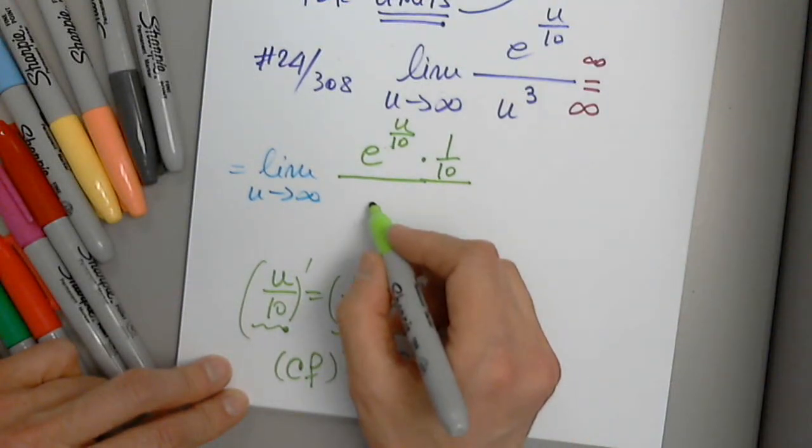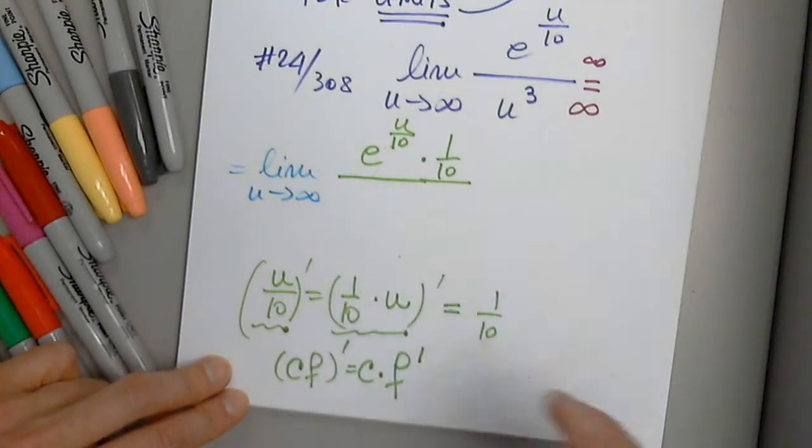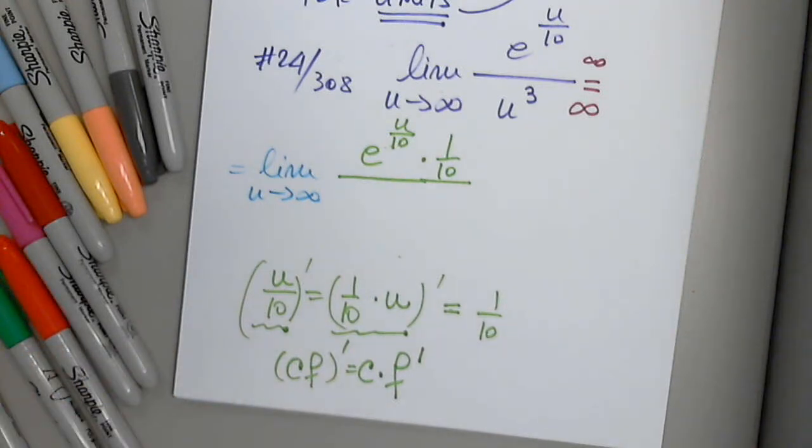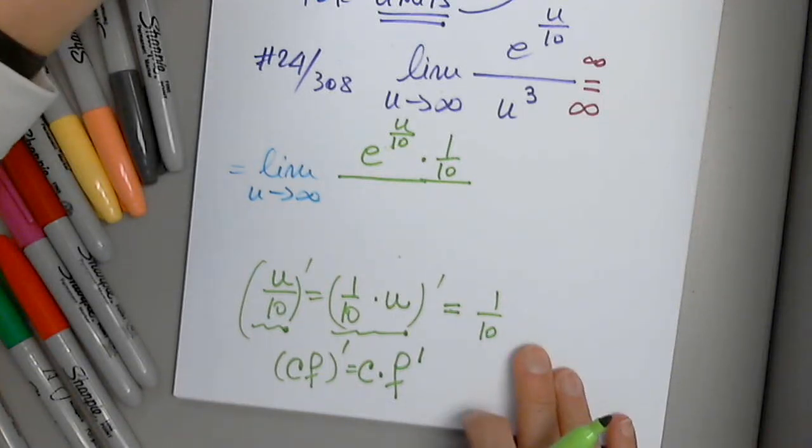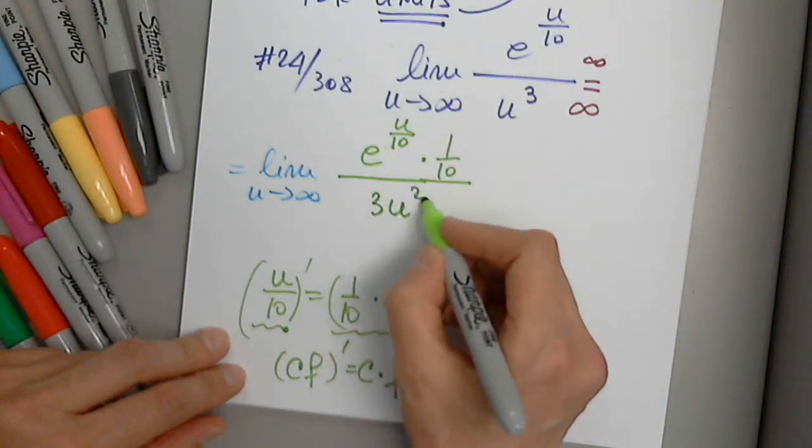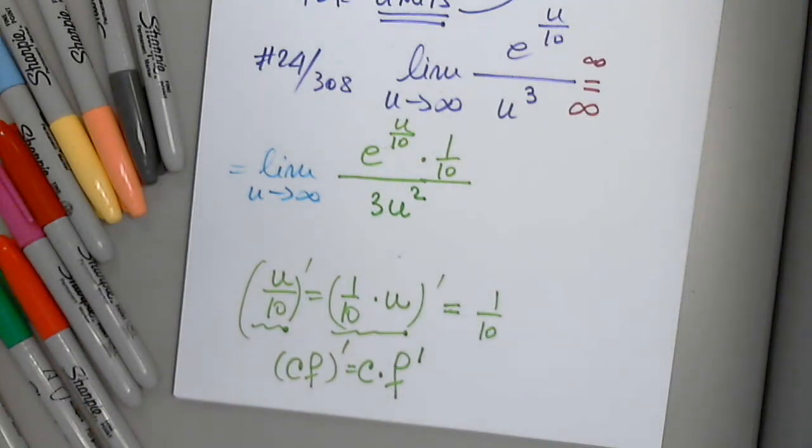U squared. Careful, not to confuse with the quotient rule. Okay, we forgot L'Hopital's rule then. U squared. Exactly. Yes. So when we differentiate inside the limit, only then, and only if we have infinity over infinity or 0 over 0, we differentiate the top as if it's alone on the planet, and we differentiate the bottom as if it's alone on the planet.